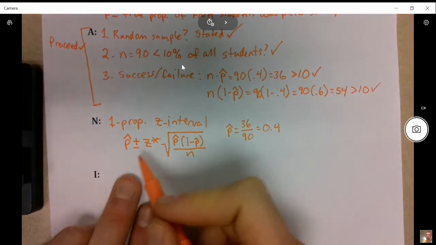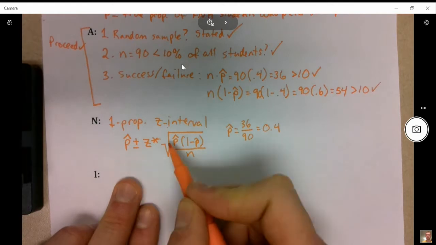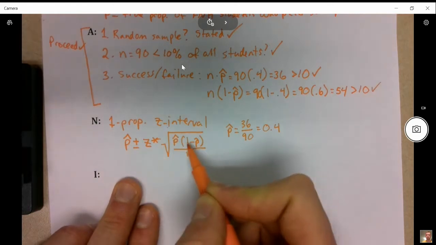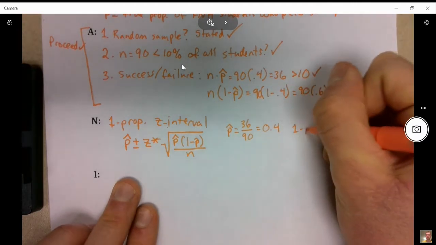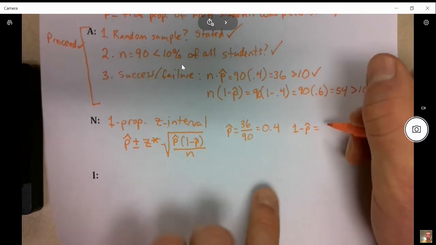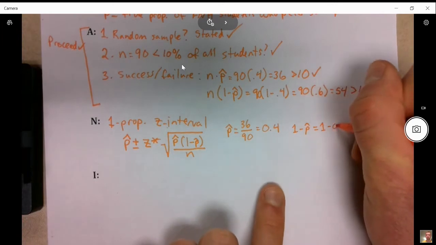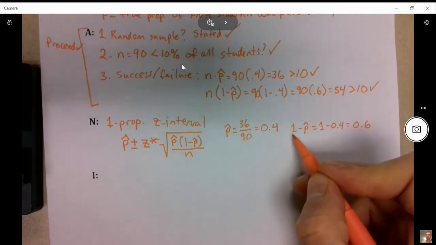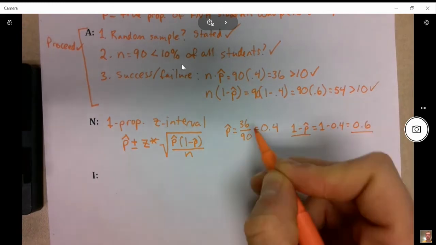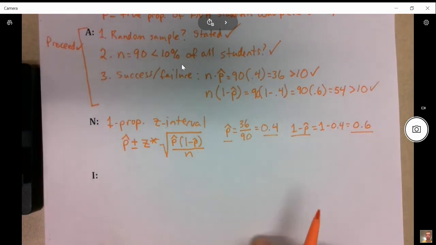So that's really easy. And this 0.4 of p hat is the same thing that shows up here, and 1 minus is that same p hat here. So maybe we'll write that in. 1 minus p hat is equal to 1 minus 0.4, which is 0.6. Okay, so 1 minus p hat is 0.6, p hat is 0.4.